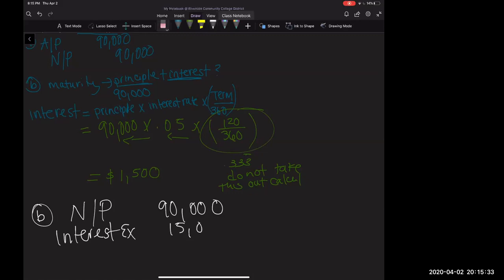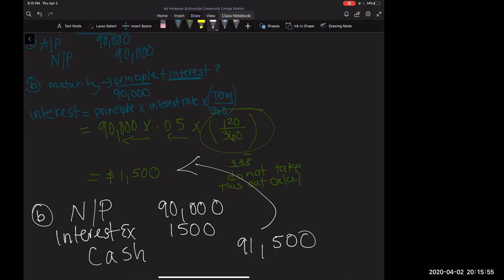Oopsie, not 15,000, that would be nice, but $1,500, which we've already calculated. And then my credit is going to be to cash. That is my principal amount plus my interest, and the cash amount I'm shelling out is $91,500. And that is how you solve this problem.